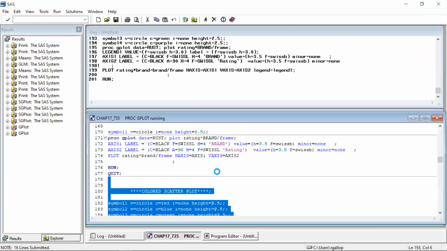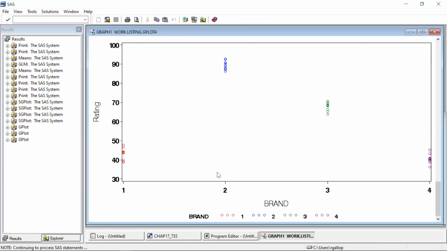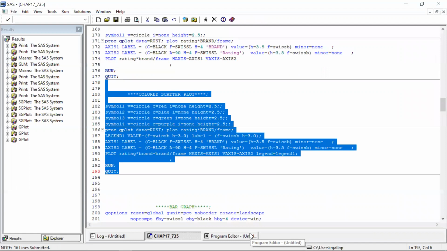Then here's the template for the color plot in G plot. It kind of looks similar to the SG plot. I think some of the labeling looks a little older, if we start thinking about some of the cosmetics of it.